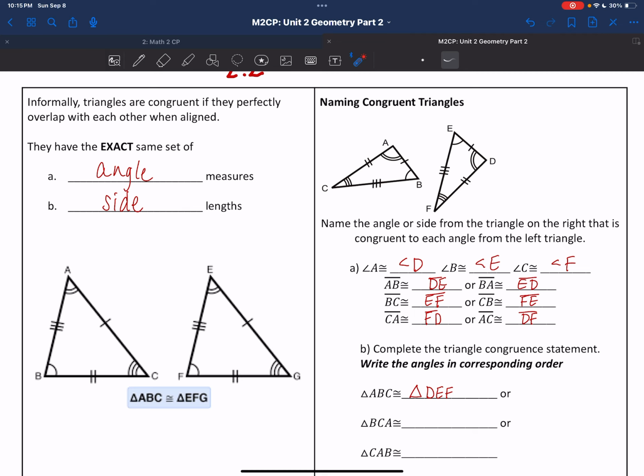So this A, and if you notice this is 2 right here, we've got 2 here. So A and E are the same, B and F are congruent, and C and G are congruent. You can also look here. The sides are the same because of your markings.